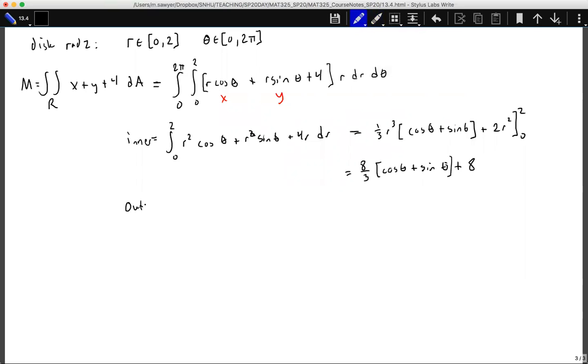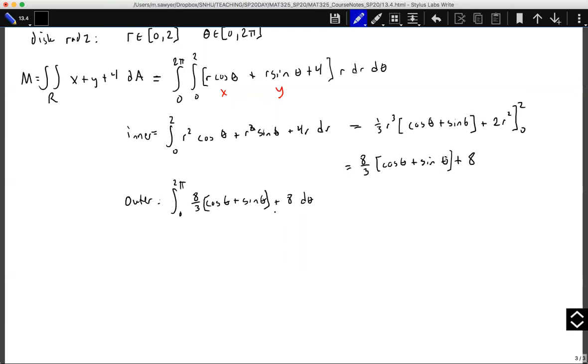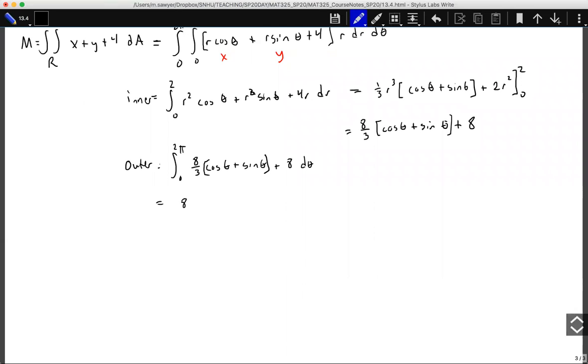So now our outer integral goes from 0 to 2 pi, and we have 8/3 times cosine of theta plus sine theta, keeping track of our parentheses, plus 8 d theta. These are easy functions to integrate, so we get 8/3 sine of theta minus 8/3 cosine of theta plus 8 theta, evaluated from 0 to 2 pi.